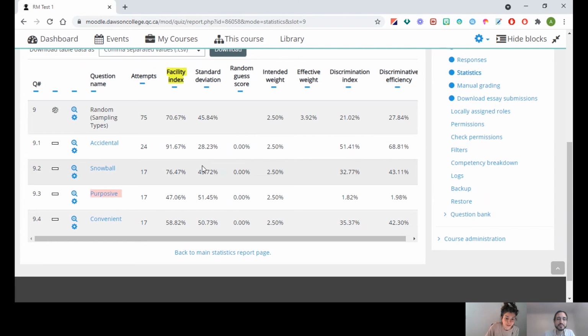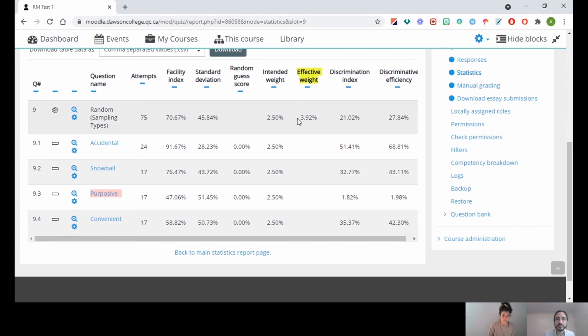If we look at the facility index, that basically tells us what percentage of students got the question right. You can see there is a bit of a difference between the 4 different types here. One other thing is comparing the intended weight, which is effectively how much weight this question has toward the final grade, and the effective weight, which is how much students gained from this question toward their overall grade.